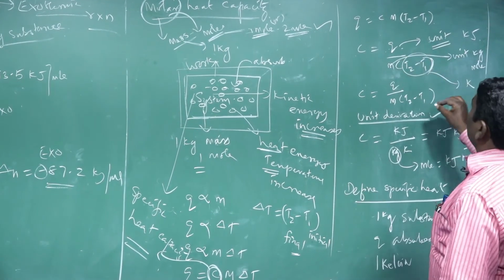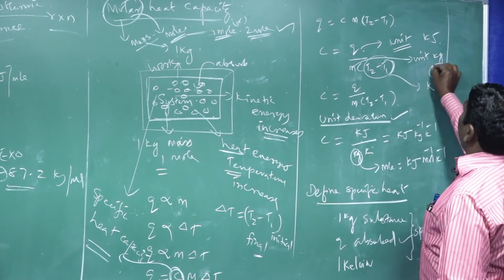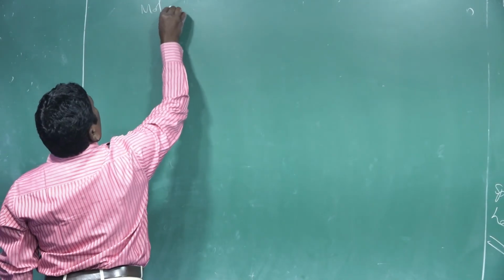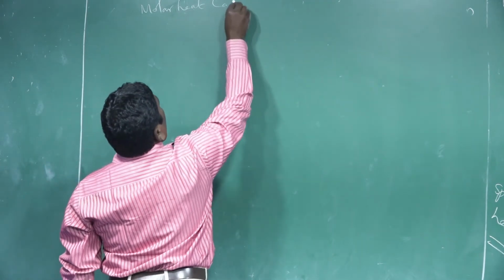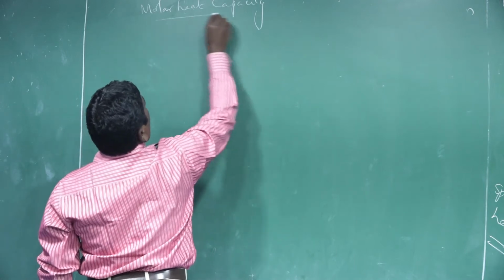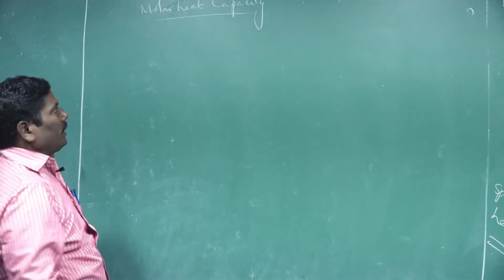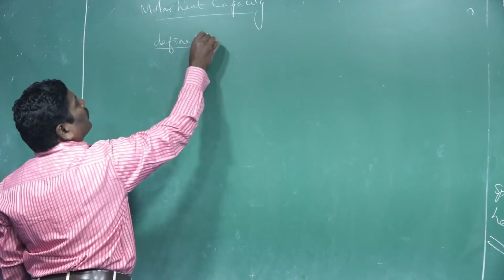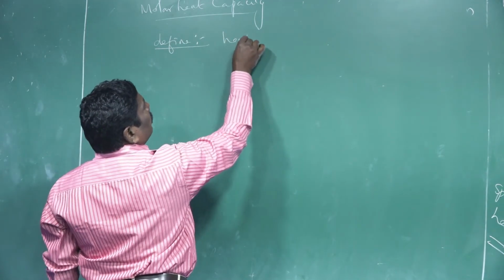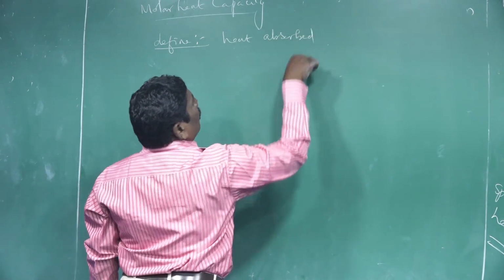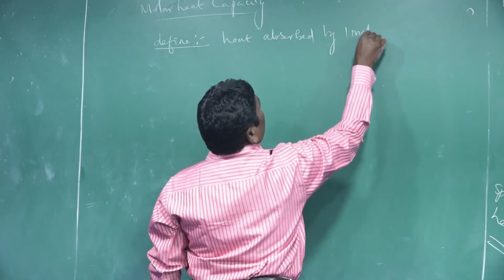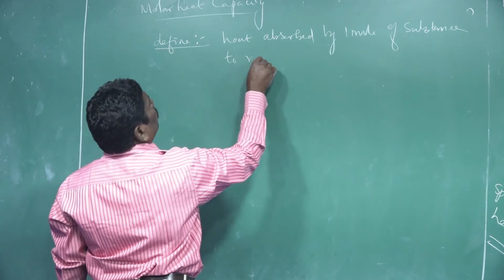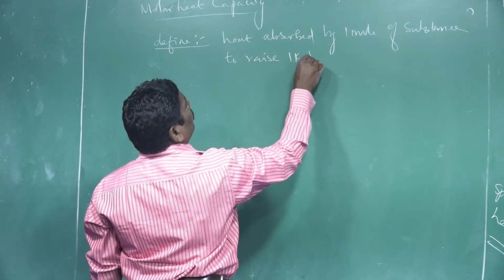The molar heat capacity is defined as the heat absorbed by 1 mole of substance to rise 1 Kelvin in temperature.